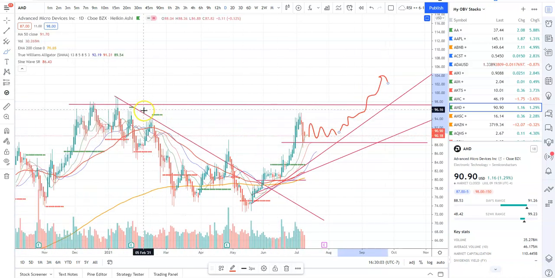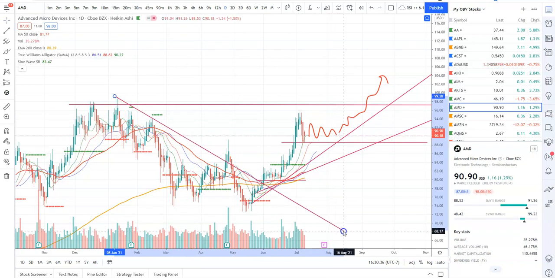Overall, pretty decent looking chart. The really nice thing that we did have on AMD was that we broke out of this diagonal downward resistance, which is always one of my favorite plays. You can see up here we had one failed attempt, and then the second attempt. Remember the methodology I use. It's usually between 1 and 3 attempts it takes for these breakouts to occur. So this one on AMD, after giving it ample time to show that this was actually our downsloping trend line, had one failed attempt, and then on the second one it actually broke out and started going up.